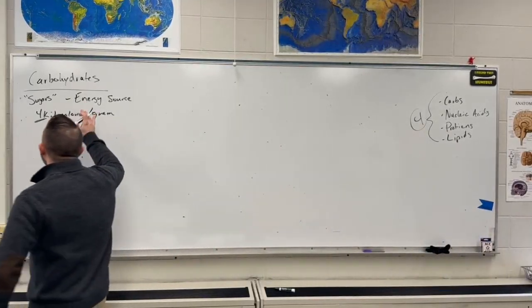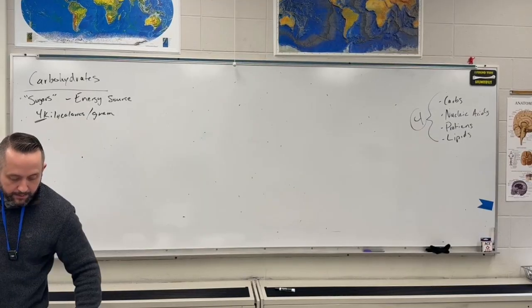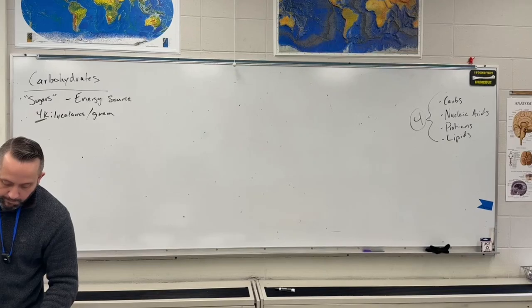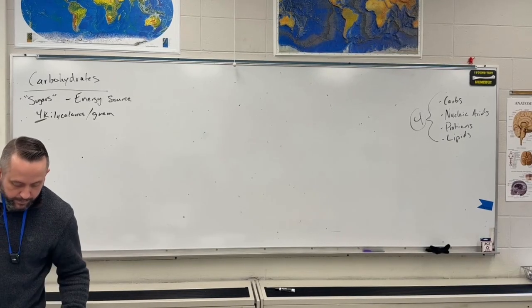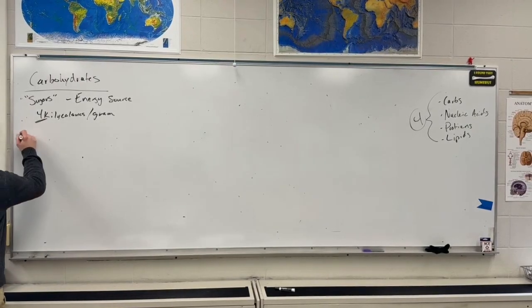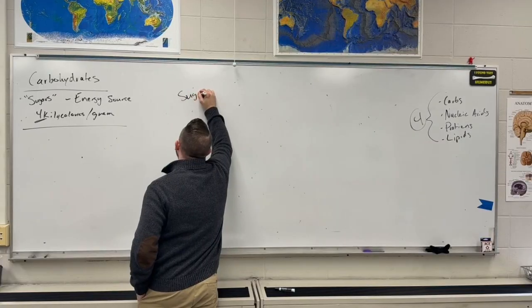Okay, carbohydrates in their simplest form are made up of sugars. Let's get our sugars right. We talked about them, some of them being stereoisomers, structural isomers. Okay, so when we're talking about carbs, we have to talk about sugars.